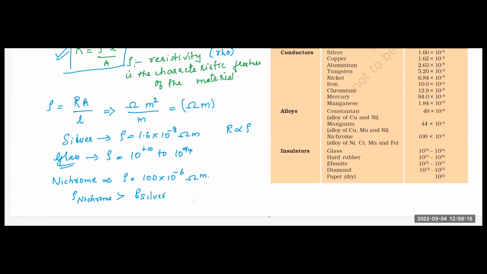Alloys have a high melting point and they don't burn or oxidize easily, and they offer high resistance.